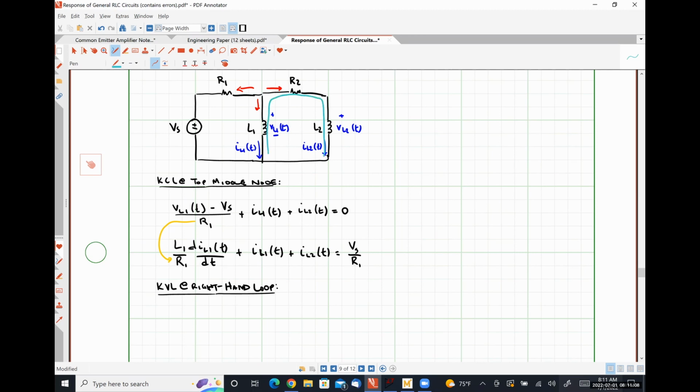I'm going around this path. So I'm going to have negative VL1 plus the voltage drop over my resistor R2, which is going to be R2 times IL2, plus the voltage drop over my inductor L2, which is VL2. I set this equal to 0.